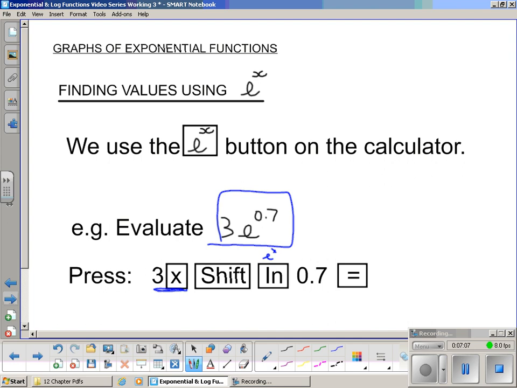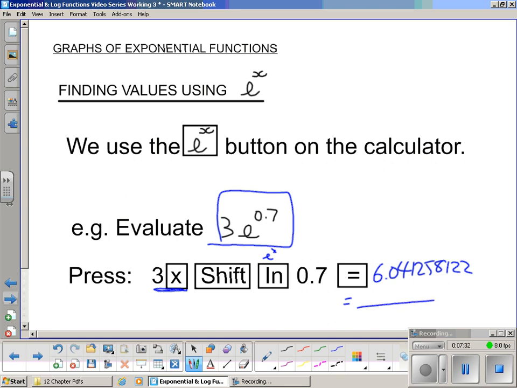Then we'll put in as an x value 0.7 and press equals. And if you're doing it like me, you will probably get a value along the lines of 6.041258122 for that 3e to the 0.7 question.